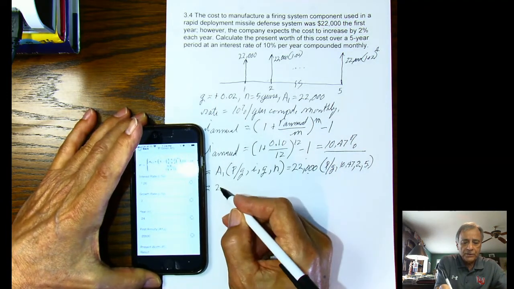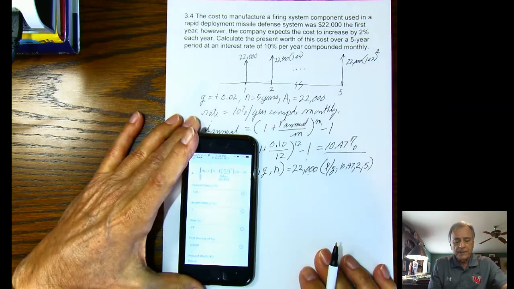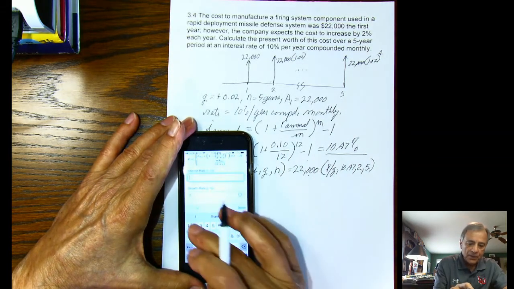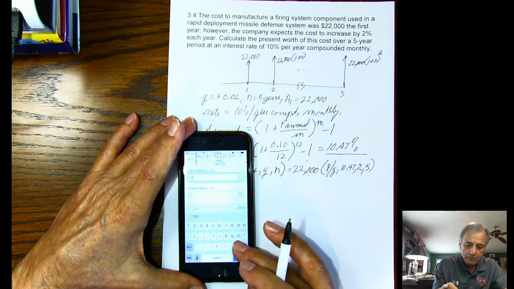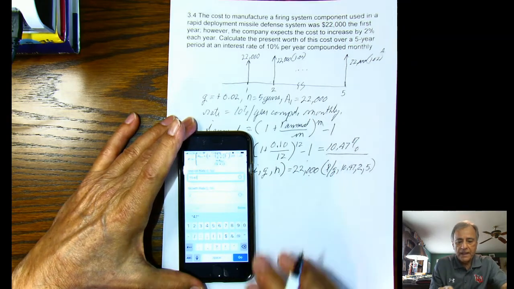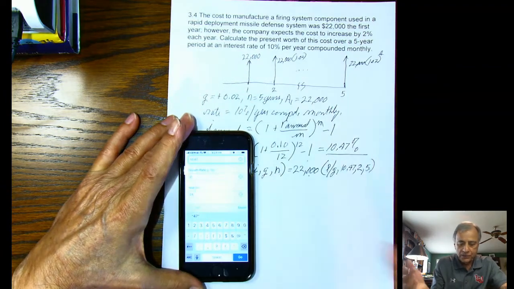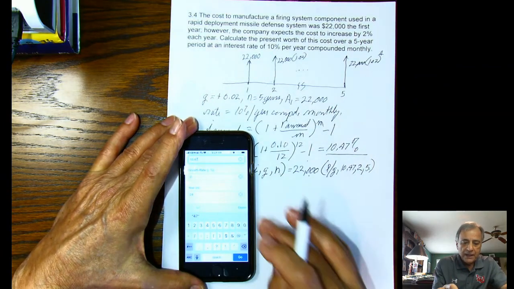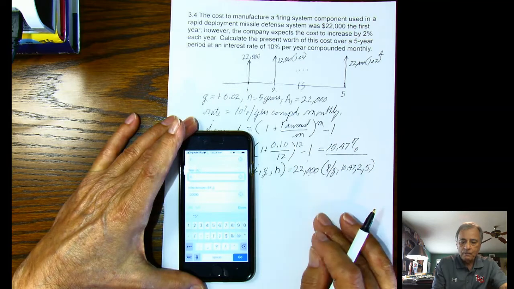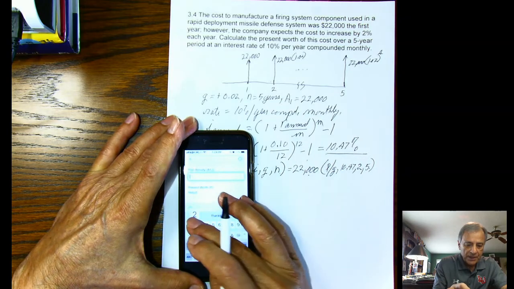And we're going to have 22,000 here. Well, I already put it over there. I just need to put the answer. So let me put the data in. It asks for the interest rate first, and that is 10.47%. And then it asks for the growth rate, which is 2%, and I already have a 2 there from the last problem, so that's great. And then it asks for the number of years, which is 5. And then it asks for the first payment in the series, which is 22,000.